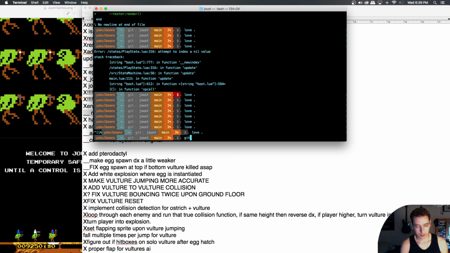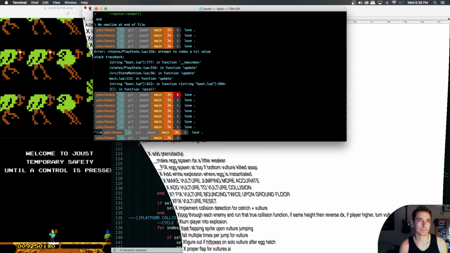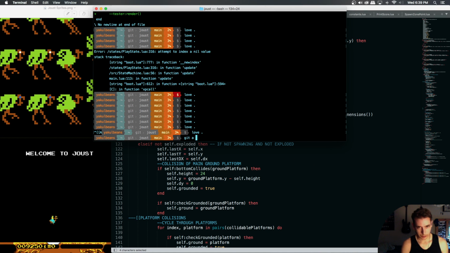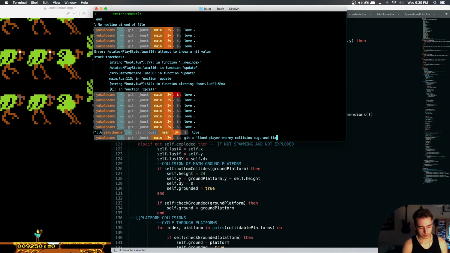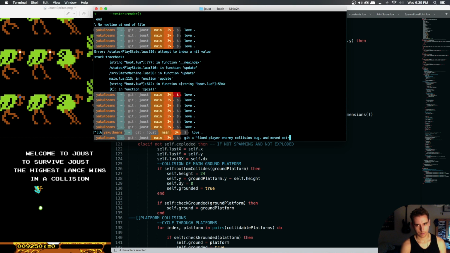I'm gonna add everything to the staging area with a commit message saying we did two things. We fixed the player enemy collision bug and moved the ostrich upon death.